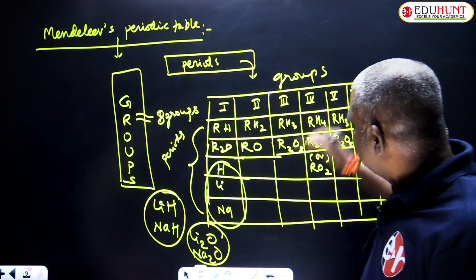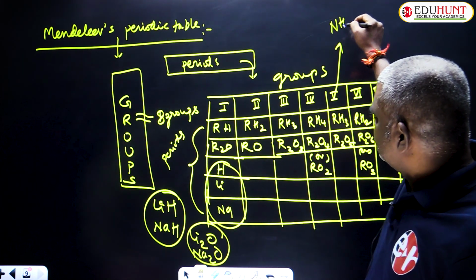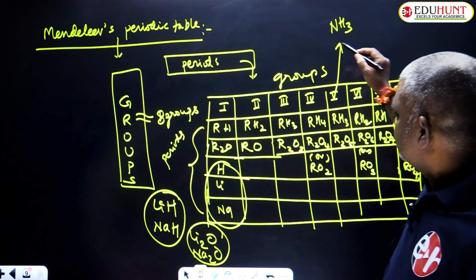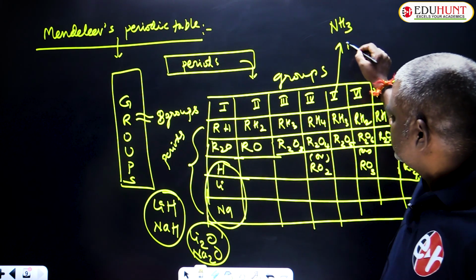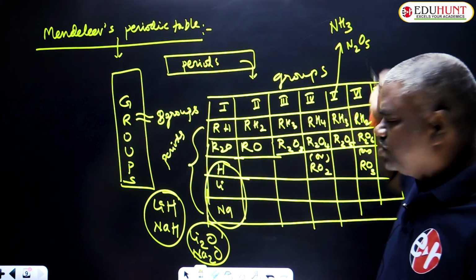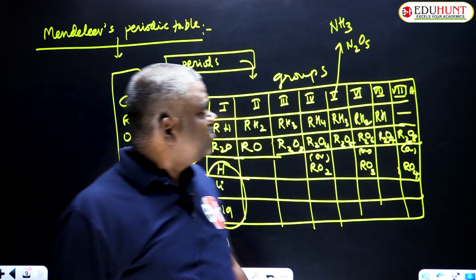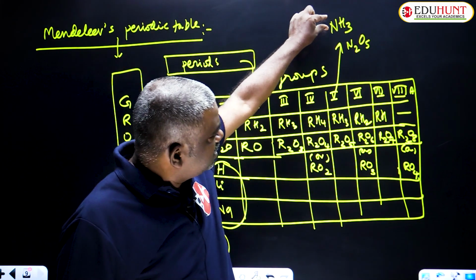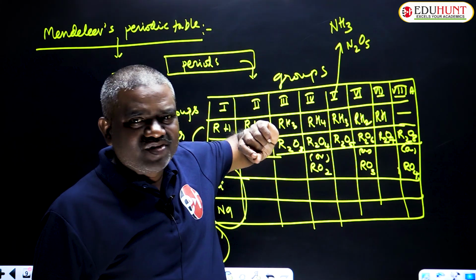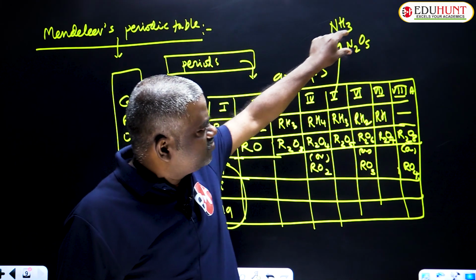For example, take the fifth group. Here nitrogen is present, NH3. With oxygen 2 and nitrogen 5, N2O5. So nitrogen forms this type of compounds: with hydrides it forms NH3, with oxide it forms N2O5.